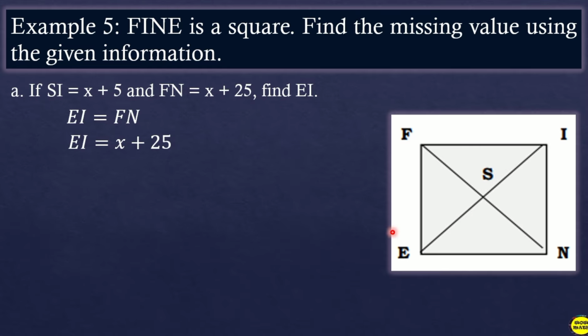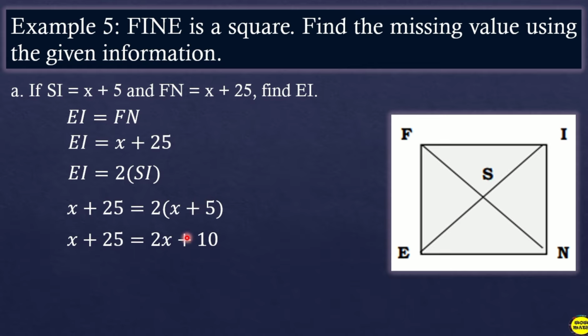Para makuha natin yung value ng x, kailangan muna isosolve natin yung value ng x para malaman natin yung value ni EI. So, yung EI natin is equal to twice ng SI natin. Substitute lang natin. Yung EI natin, x plus 25, is equal to 2 times x plus 5. Ito yon sa given natin. And then, distribute natin yung 2 kay x plus 5.